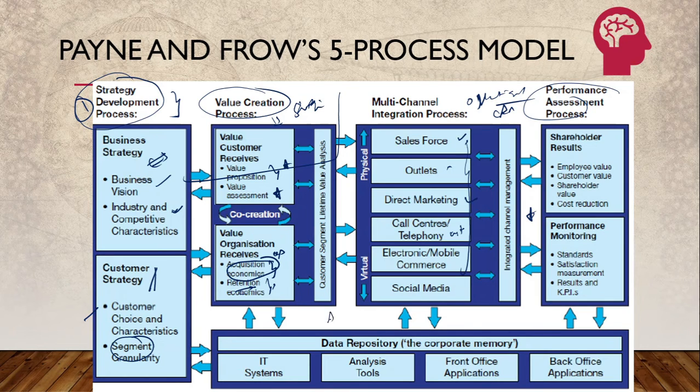And the analytical CRM is also covered in this, which is the IT management, which is the data repository. It discusses the IT systems, the tools you are using for analyzing the customer data, the type of applications you are using, the front end applications and the back end applications. So if you see, this is a comprehensive model, and this is one of the best models to be adopted by a company, which is the Payne and Frow's 5 process model: strategy development, value creation, multi-channel integration, performance assessment process, and then the information management model.